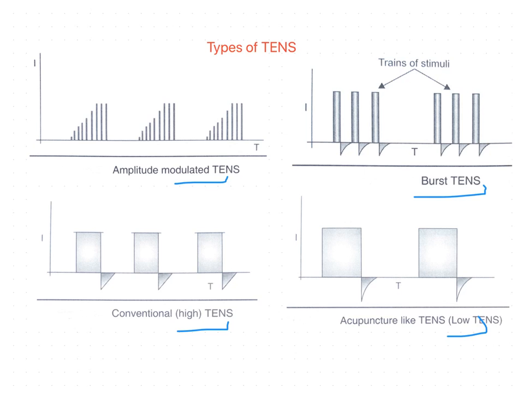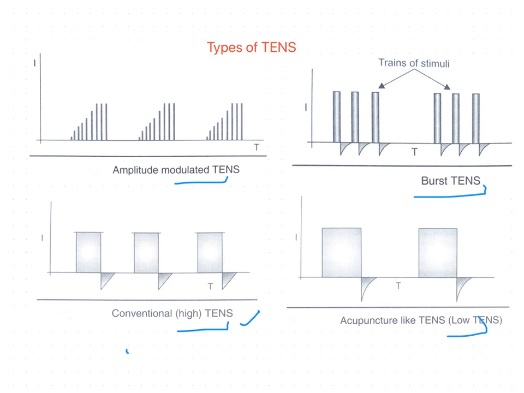Now we will see the first one, that is conventional high TENS. Here high frequency, low intensity currents are used. This is the most commonly used mode of TENS.